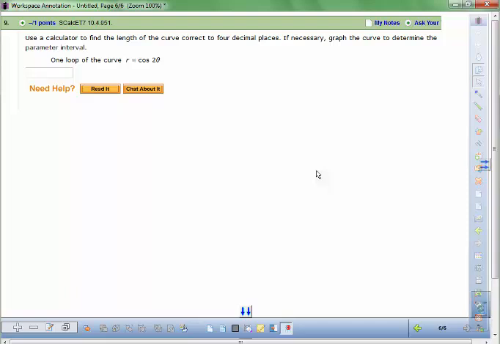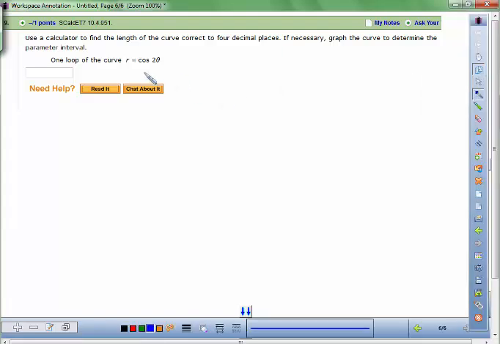Well, it is different because of cosine 2 theta, we don't know how this is going to be drawn. And so use a calculator to find the length of the curve, correct to 4 decimal places. Length of the one loop of this thing. So this thing is apparently looping, and so we want one loop of this. We could try to imagine how this thing might look without the graphing calculator first.